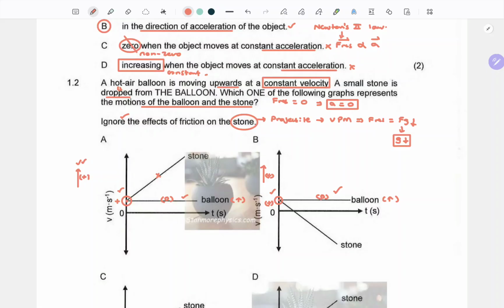But now what happens to the stone? It decelerates, and this is a constant deceleration because the gravitational force is constant here. It is a constant deceleration, but in the negative. So this is good because the gradient is negative, and it is suggesting a downward trajectory, which makes sense.